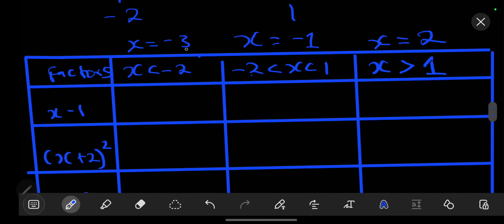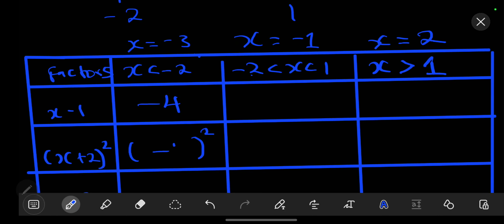So we have a -3, we put it here, we are going to get -3 minus 1, which is equal to -4. So we are going to get a -4 like that. Then when we get our -3, we put it here, we are going to have -3 plus 2, then squared. -3 plus 2 will give us -1.